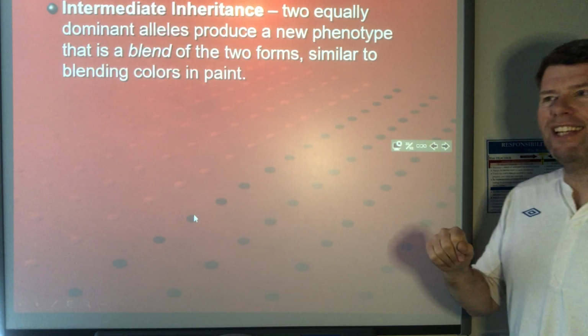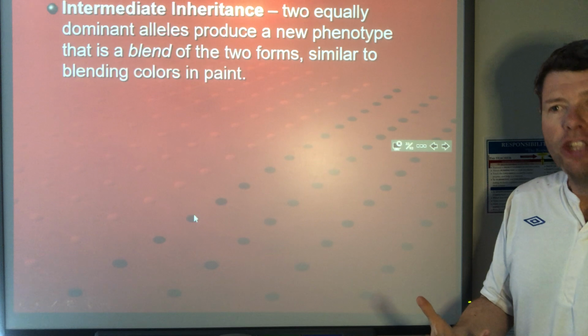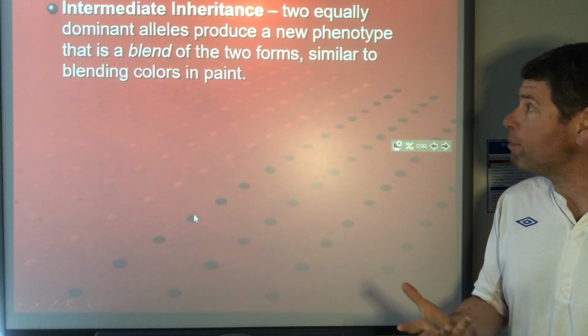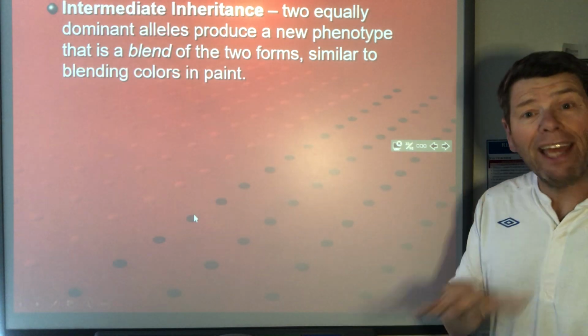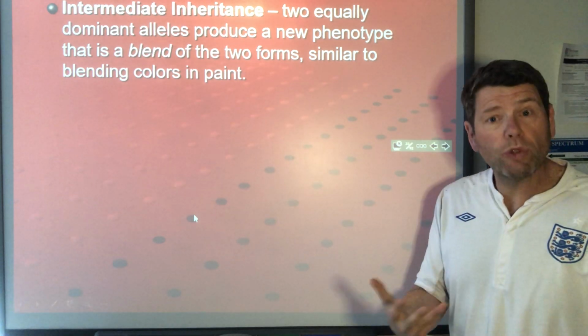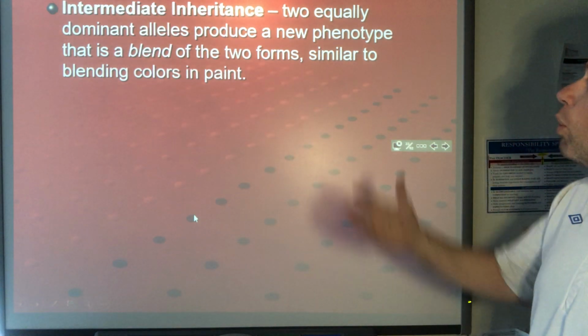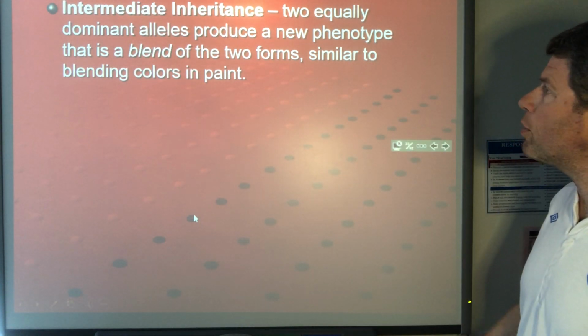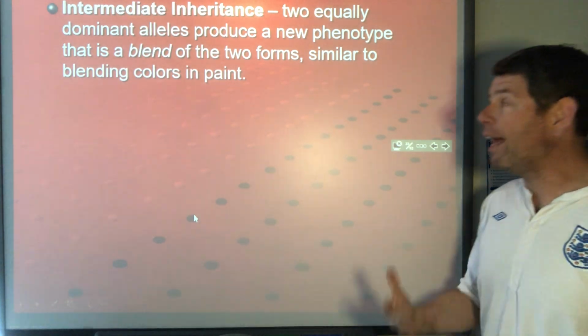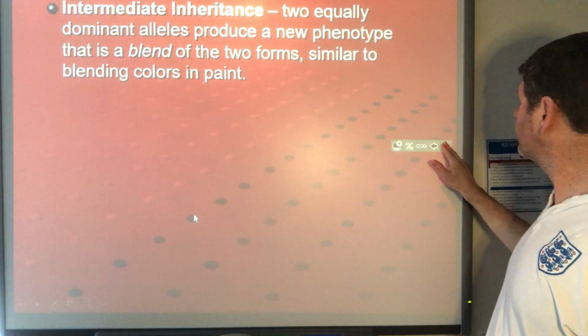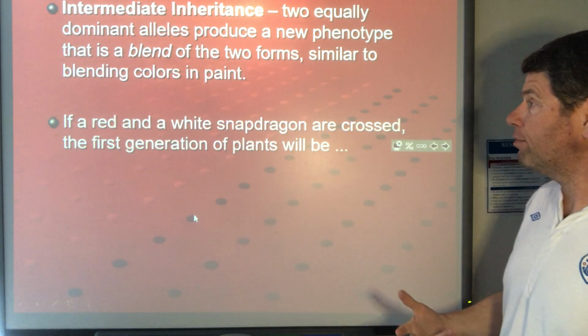One way is an intermediate inheritance. In other words, the brand new phenotype, you can think of it as a blend of the two traits. So two equally dominant alleles produce a new phenotype that is a blend of the two forms, just like blending paint in art.